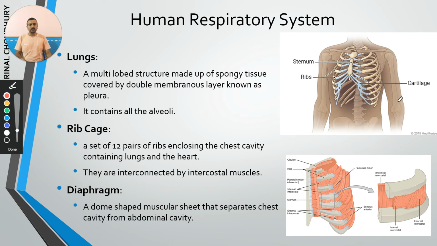Now, between these ribs, if you see this diagram carefully, this is one rib, this is another rib, and this is one more rib. In the enlarged diagram, between these ribs you have muscles called intercostal muscles. You need to know these muscles, as they will be required in the process of breathing.